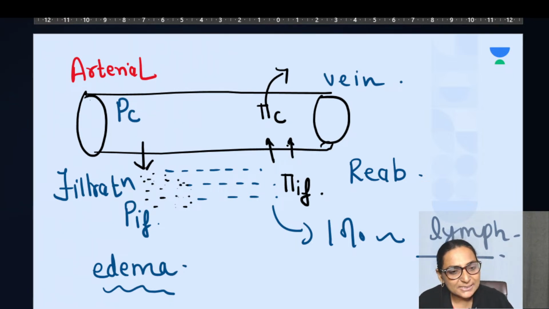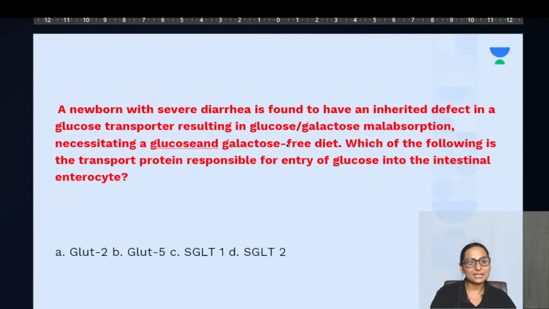So normally the pressures are such that there is filtration at the arteriolar end and reabsorption at the venular end. Only 1% of the fluid that is not reabsorbed is recirculated by the lymphatics, and therefore if there is a lymphatic obstruction, it results in edema. Got this point? I hope the forces are very easy to you now. Yes? Understood well?